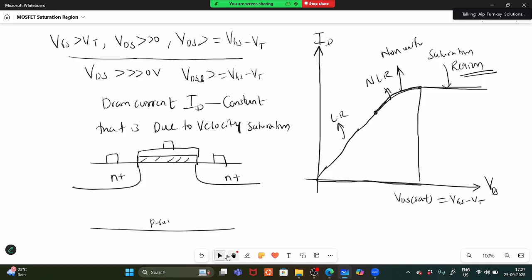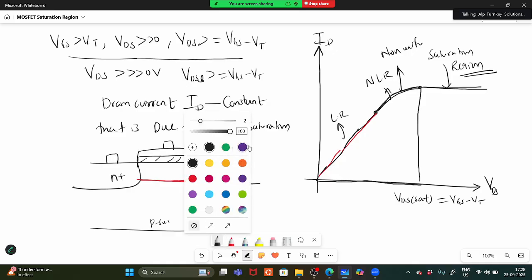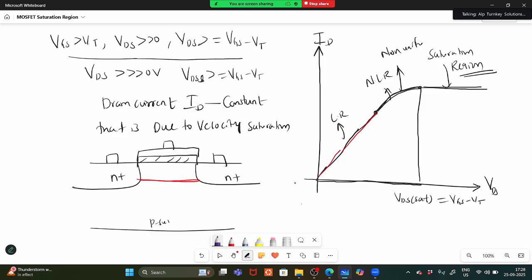In the linear region, the channel is uniform, acting as a resistor, and that's why you get the linear region. After that, due to an increase in VDS, the depletion layer will increase, so the potential difference also increases.